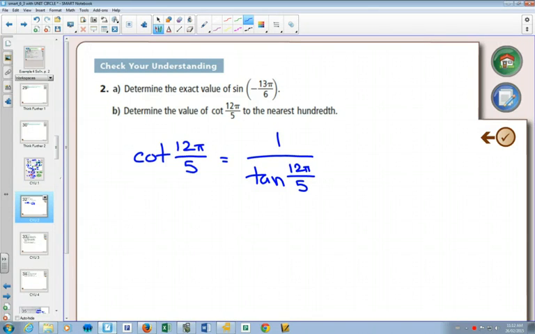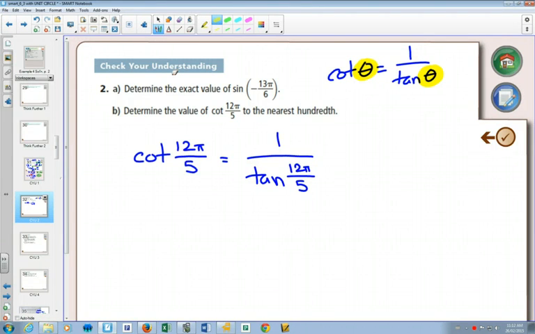And so I'll type into my calculator 1 over tan of 12 pi over 5, because we learned earlier that cotangent of theta is the same as 1 over tan of theta. And I wanted to point out something here, that there's theta in both of those.